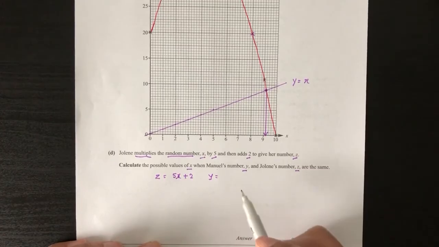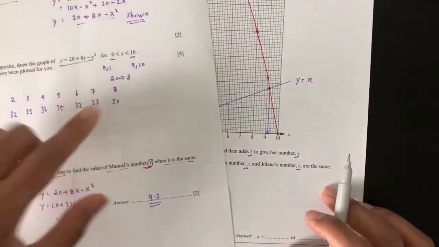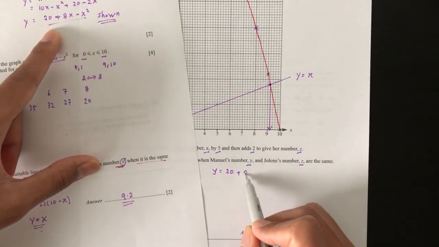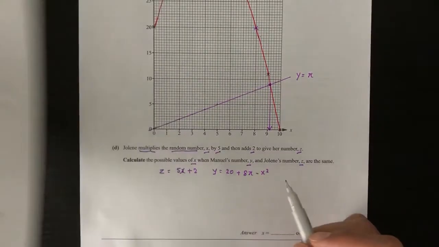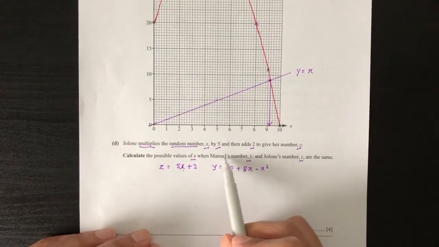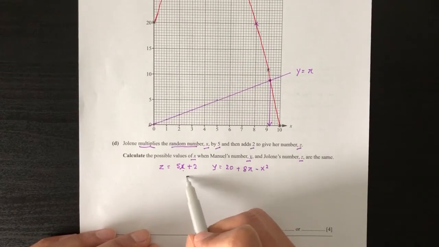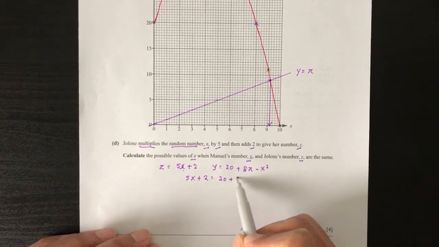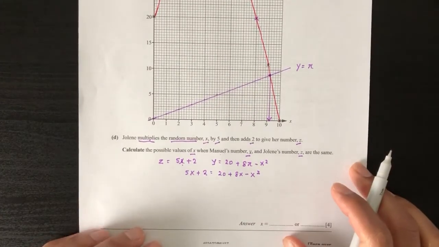Y is given by the equation. So as we have seen previously, it is 20 plus 8x minus x squared. Now it is saying that find the possible values of x when Manuel's number y is equal to z. So when z equals y, it becomes 5x plus 2 equals 20 plus 8x minus x squared. So now we have to simplify.